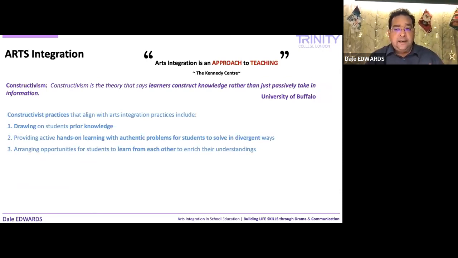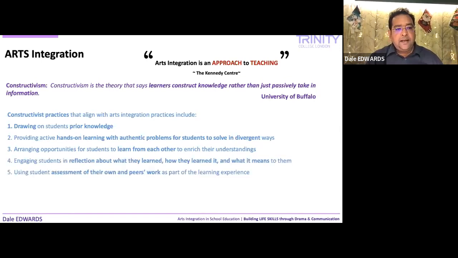They need hands-on learning with authentic problems to solve. They learn from each other, which was the work of Vygotsky, who said socially children develop. They also engage and reflect about what they learned, how they learned it, and what it means. And they also use their peers' work to do some sort of review.